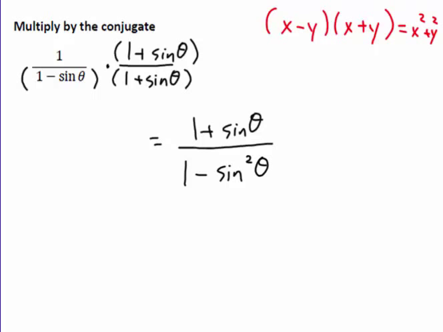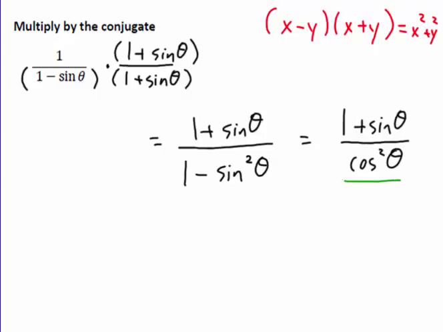Now that should ring some bells. 1 minus sine squared theta is actually an identity. And that identity that it becomes is 1 plus sine theta, numerator stays the same, all over cos squared theta. So that's the power of the conjugate.